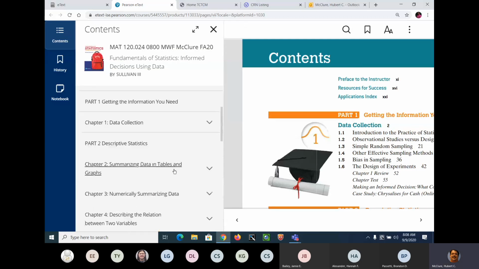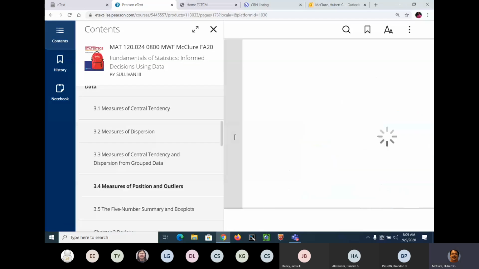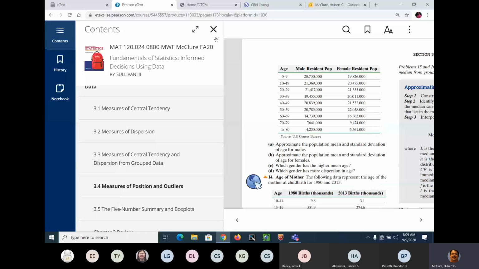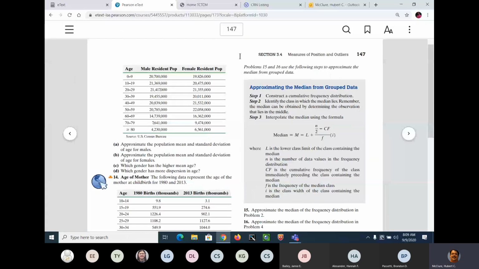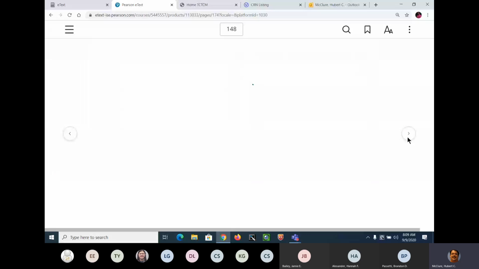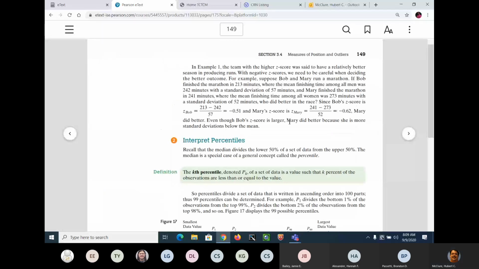I think it's 3.4. I think. Yeah. So let me find the page, let you write it down. Yeah, here it is.